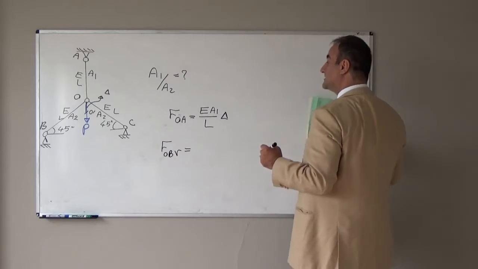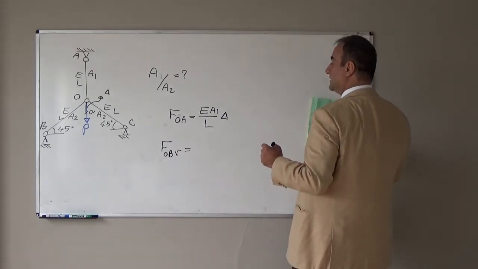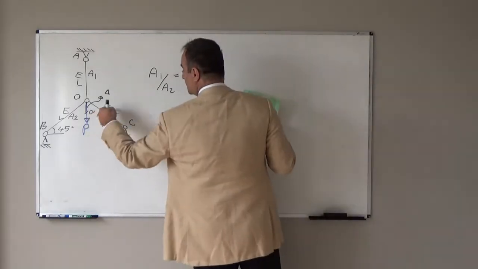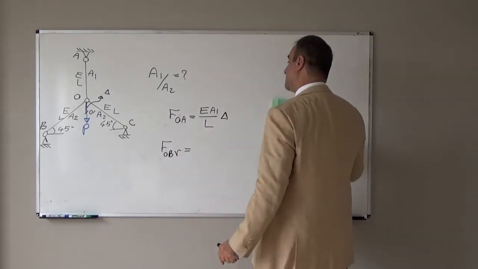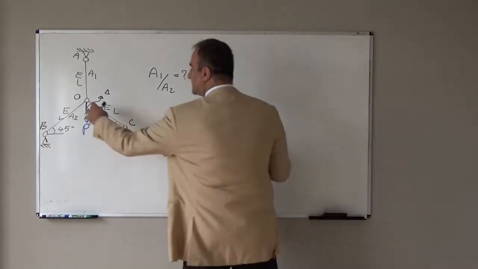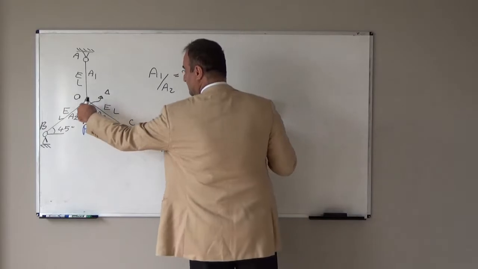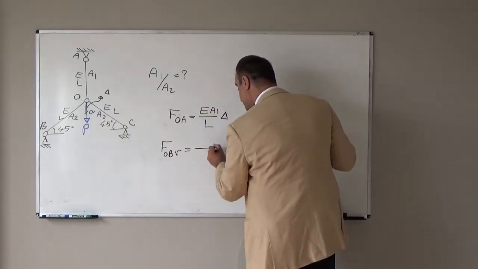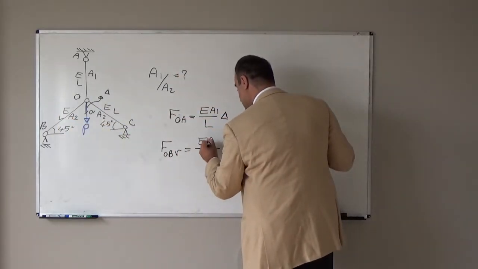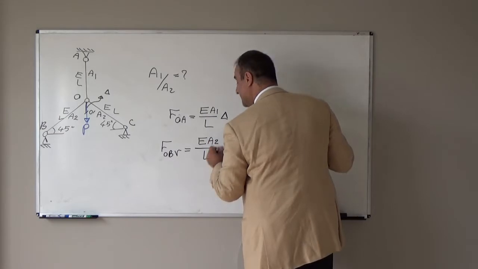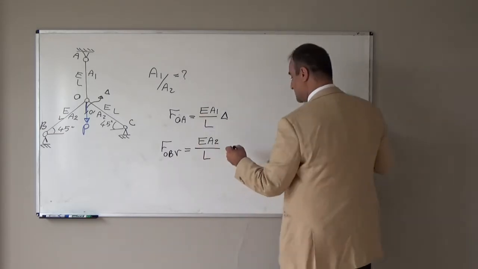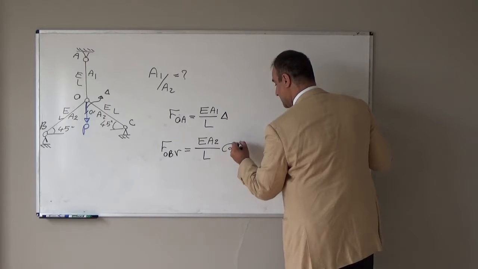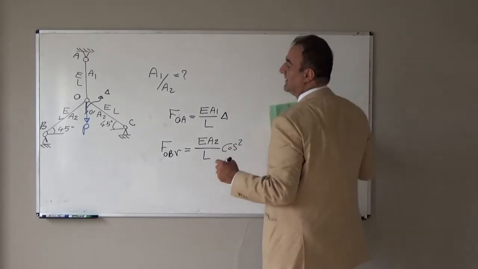It will be the stiffness of this member, which is EA2 over L, in the vertical direction, cosine square theta.